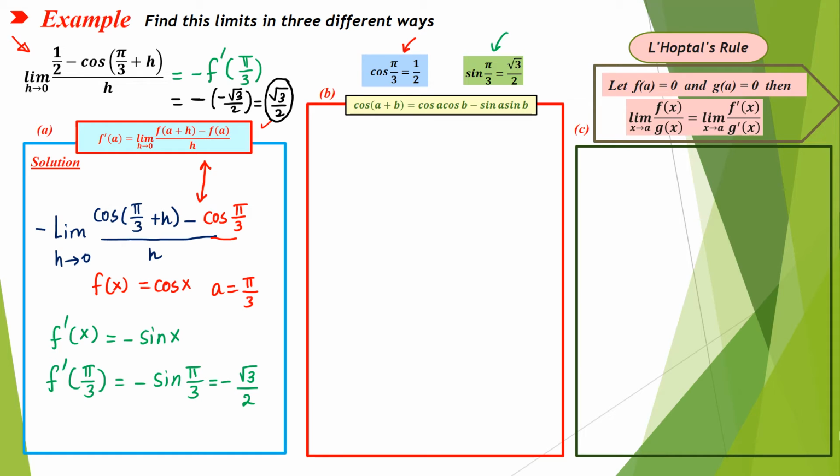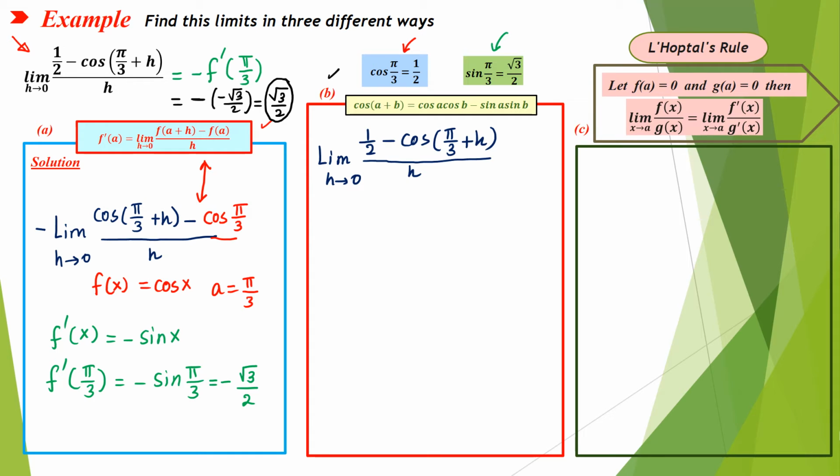The second way, in part B, you have to use trigonometric identities to find this limit. So again, our limit is the limit of 1 over 2 minus cosine of pi over 3 plus h, divided by h when h goes to 0.